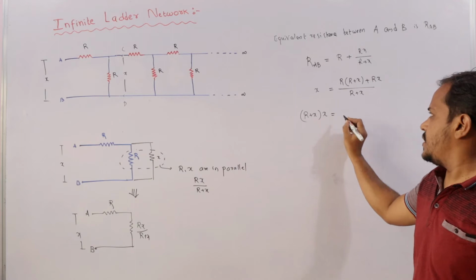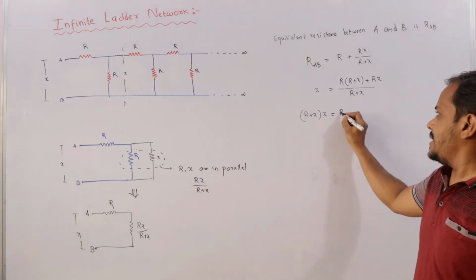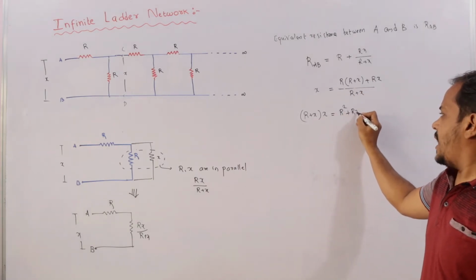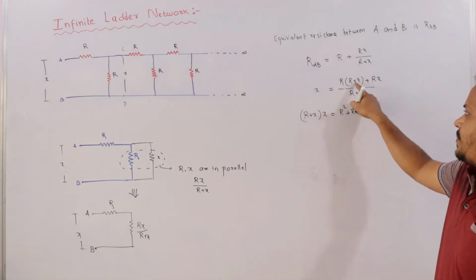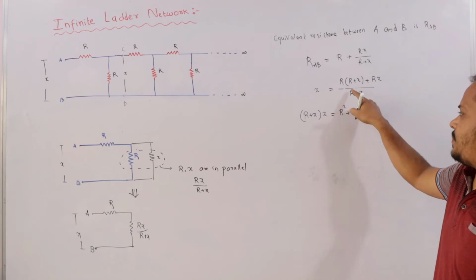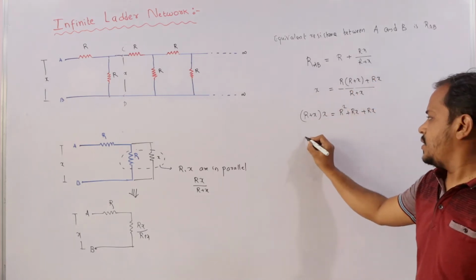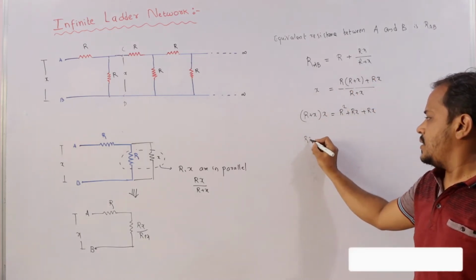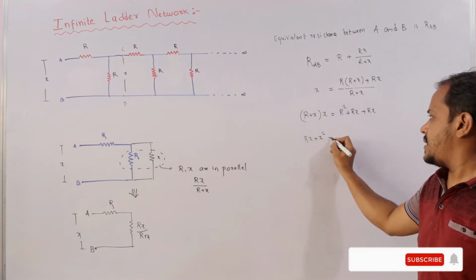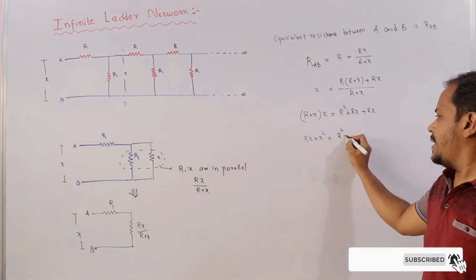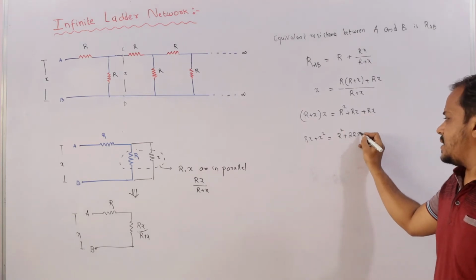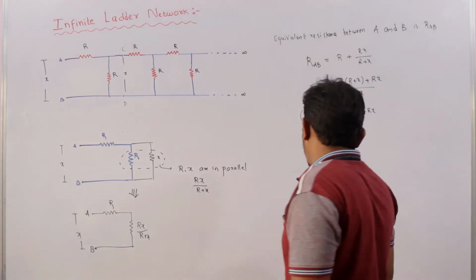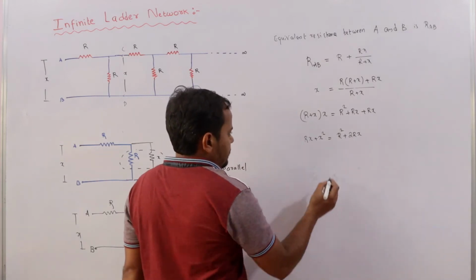Simplify it by sending this to the RHS: R plus X into X is equal to R square plus RX plus RX. This R is multiplied with these two, R square plus RX plus RX. So on the LHS it is RX plus X square, equal to R square plus 2RX. RX plus RX is 2RX. Now we will simplify it.